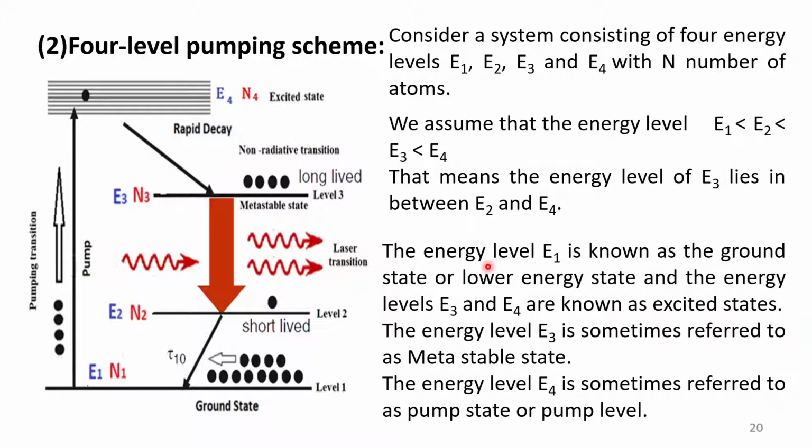Here the energy level E1 is known as the ground state or the lower energy state, and the energy levels E3 and E4 are known as the excited states. The energy level E3 is sometimes referred to as the metastable state, while the energy level E4 is sometimes referred to as the pumping state or pumping level.